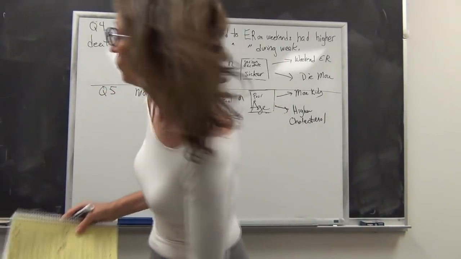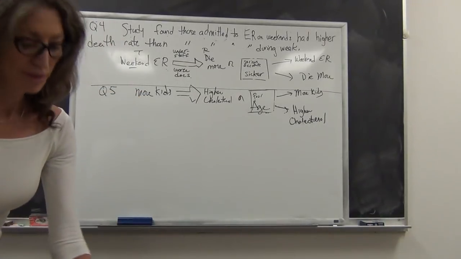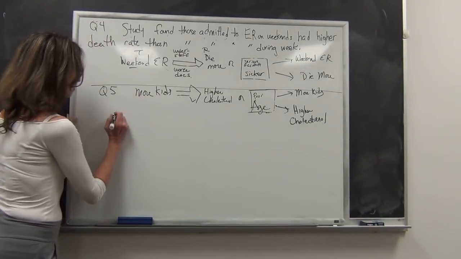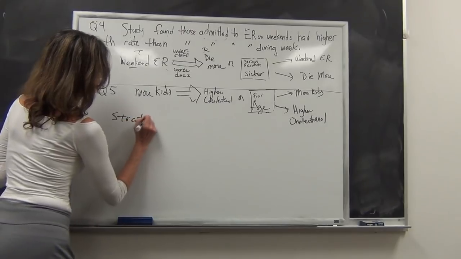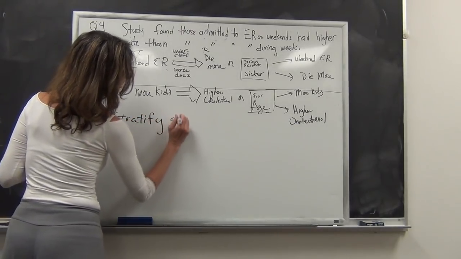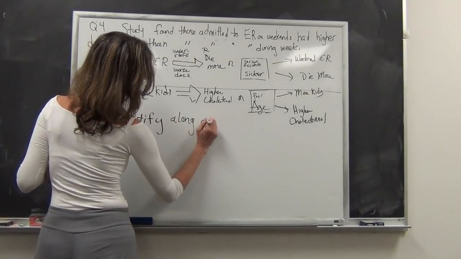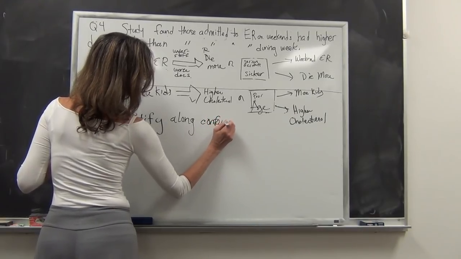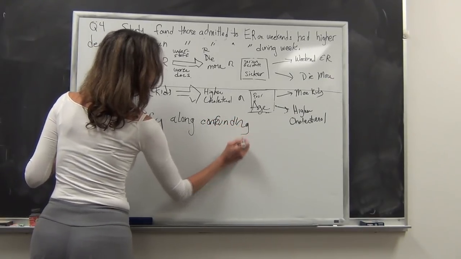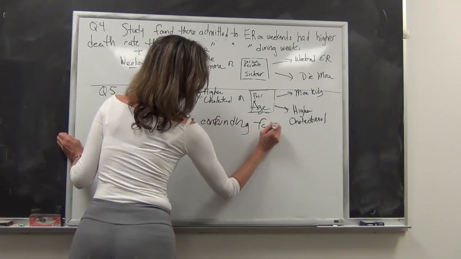All right, so in general, what you want to do is always do this. In general, you want to stratify along the confounding factor. Whatever that is.